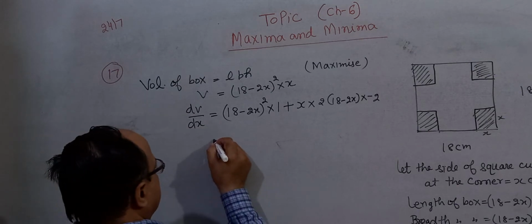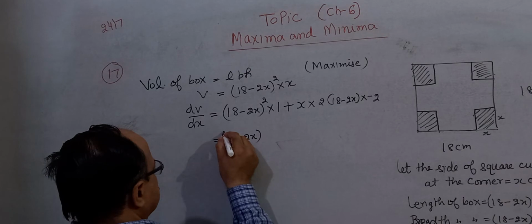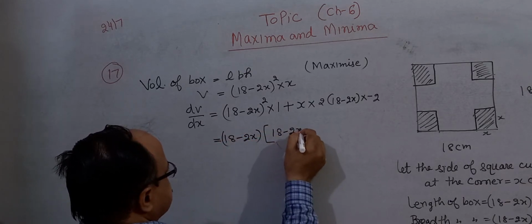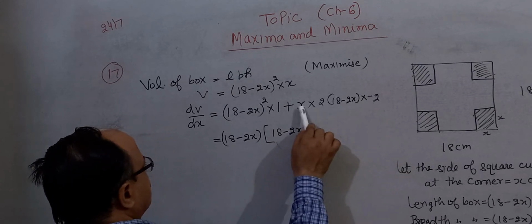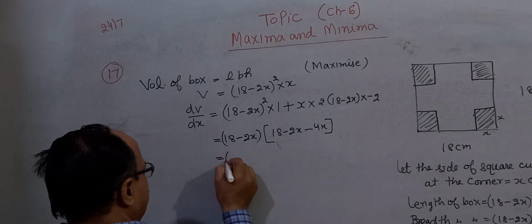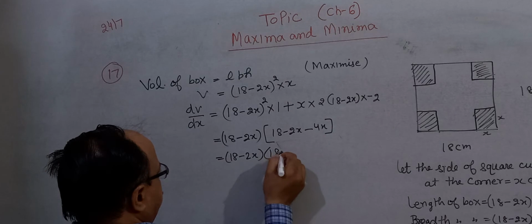Now you can take 18 minus 2x common, therefore 18 minus 2x into 18 minus 6x.